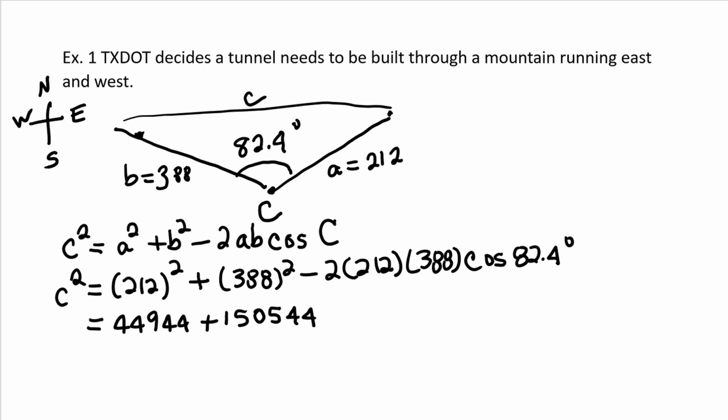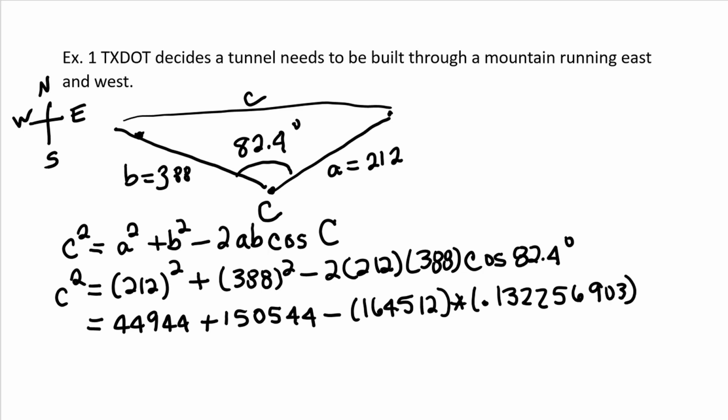Then I multiplied the 2 times 212 times 388, so I have minus the constant 164,512 times the cosine of 82.4 degrees, which I computed in a calculator as 0.132256903.